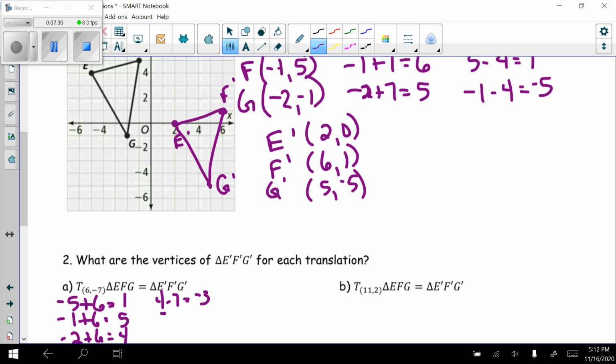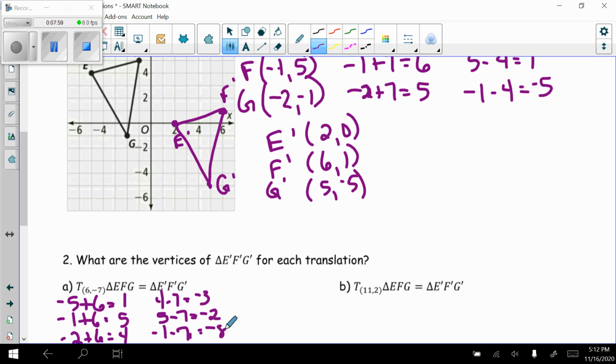F started out at 5. 5 minus 7 puts me at -2. And G started out at -1. -1 minus 7, sorry, -1 minus 7 puts me at -8.